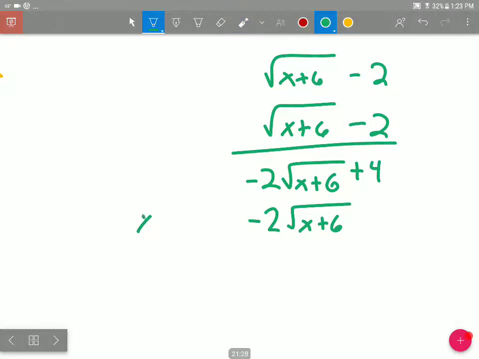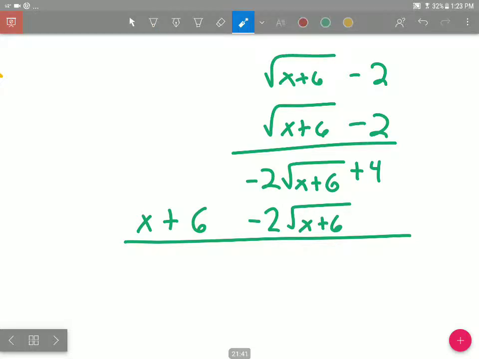If you multiply a square root by itself, the square root portion of it goes away. So you have to do a little bit of chunking here. You have to see this as one piece, so it's negative 2 times one piece. When you multiply these two together, the radical goes away and you're left with the x plus 6. Those are the two key things to find.